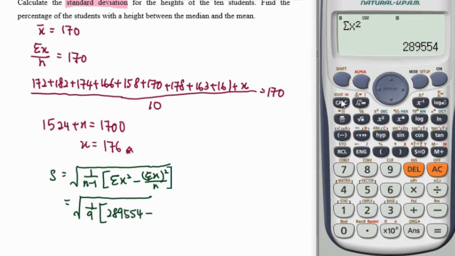So again, I need to find the sum. So I will press shift 1 for the function number 3, sum. I'm finding for total of the data, which is number 2. We will get 1,700 square over the number of data, which is 10.